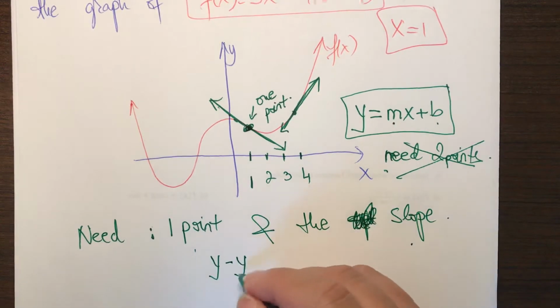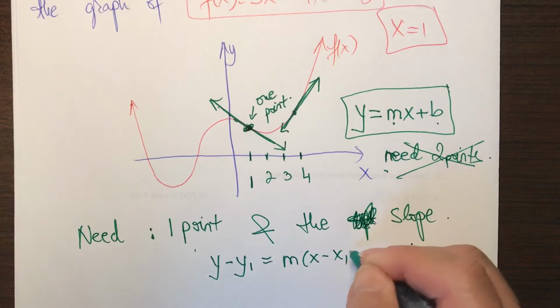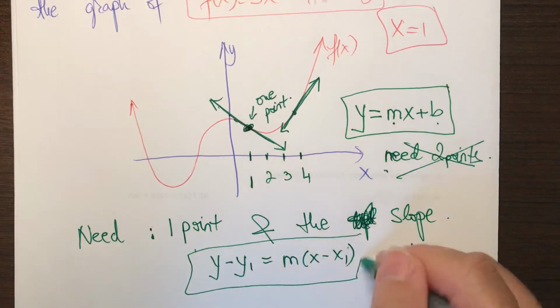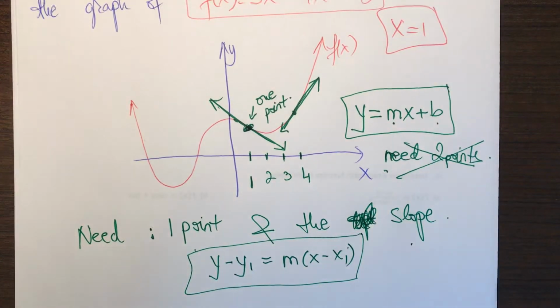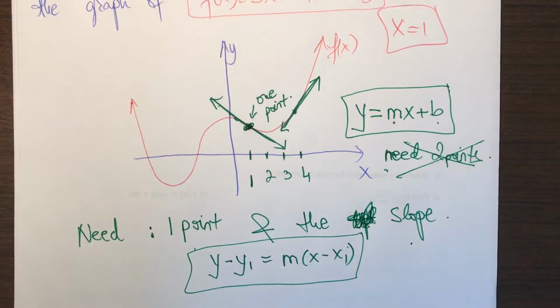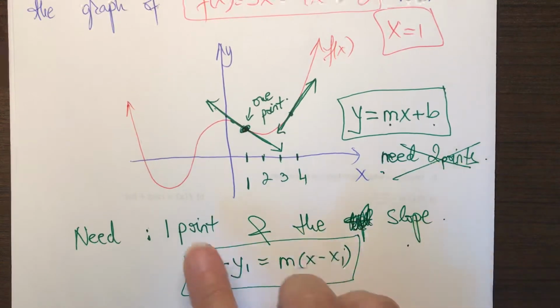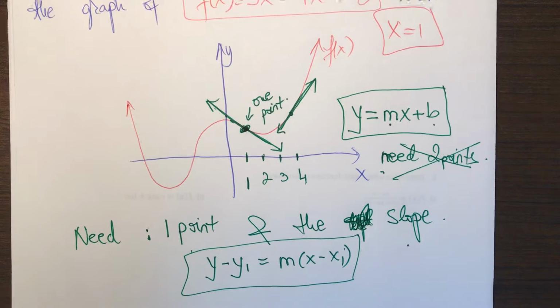And we're going to use both. It doesn't matter. If that's the form that you have memorized, that's perfectly fine. But 1 point and the slope is really what you need, even with 2 points. Because if you were given 2 points, the first thing you would do is find the slope, right? And then use one of the points.